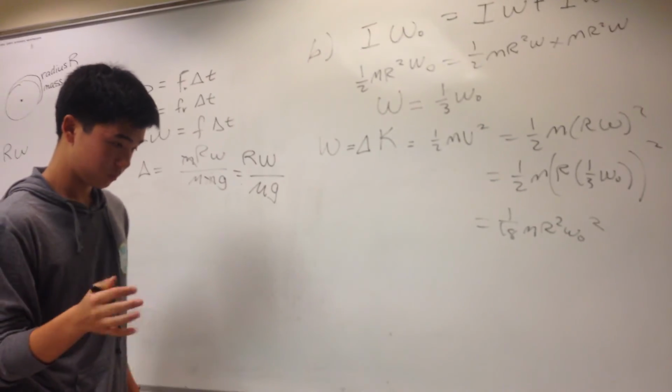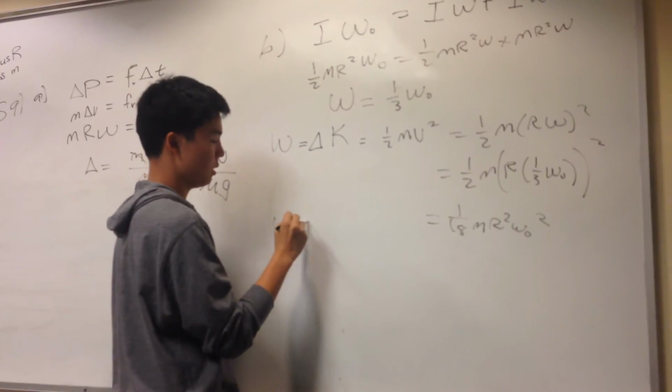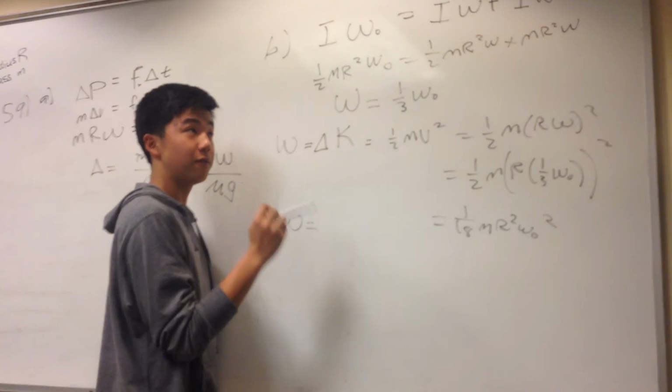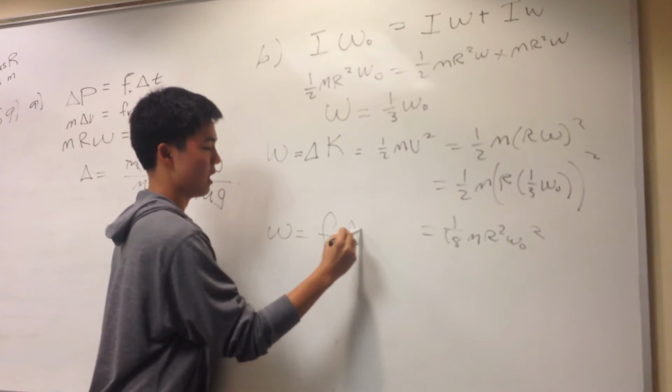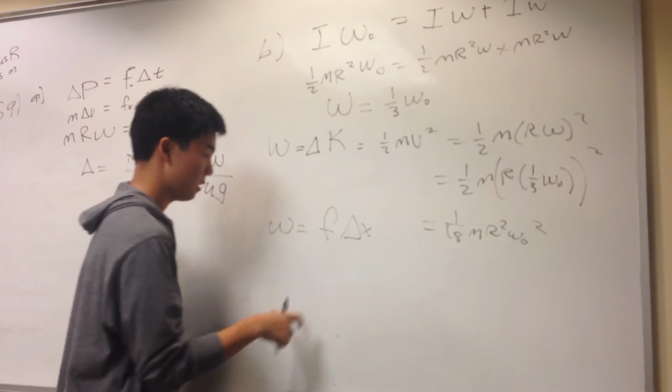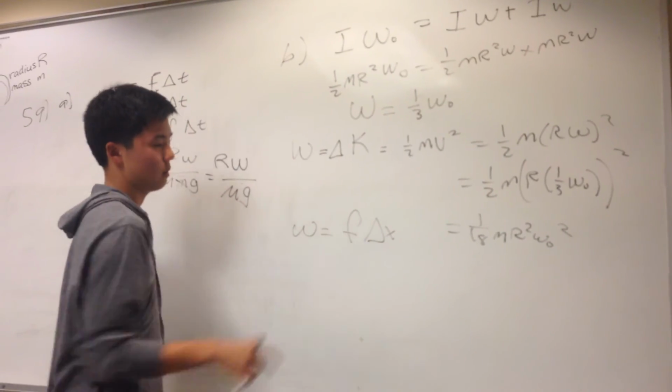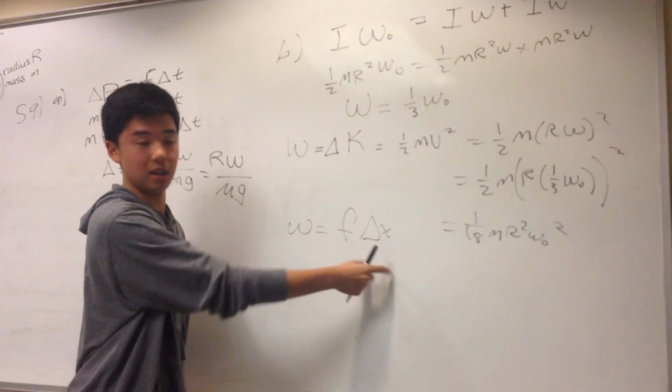Now, work also equals F delta x, and the only F here is friction, so it equals friction delta x. If we plug in everything, we're going to solve for delta x.